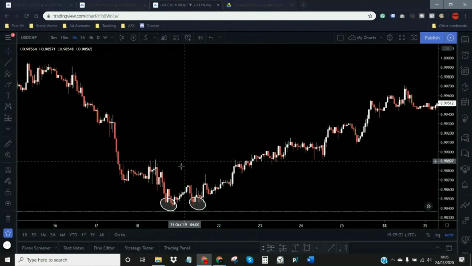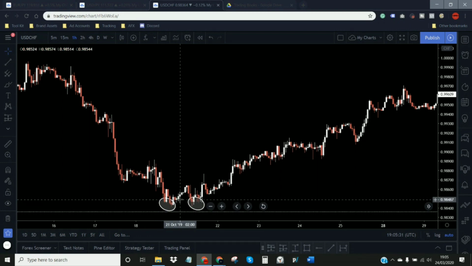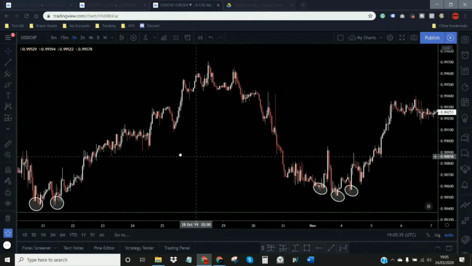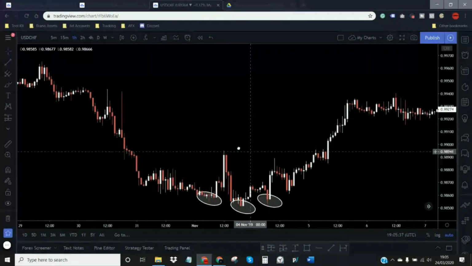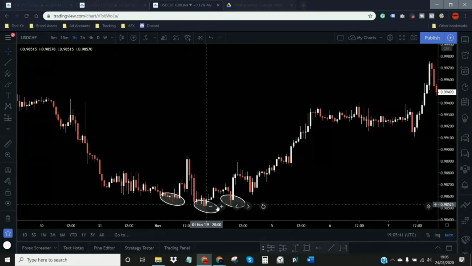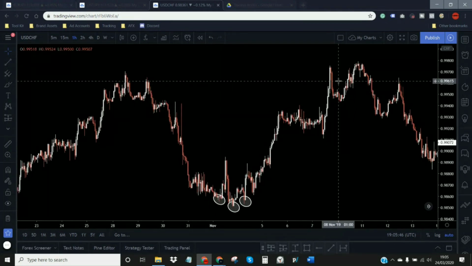Again, you can see that sometimes it doesn't do that, but what that has fallen into is an H1 demand zone, and then potentially you could have played a 5-minute or 15-minute event break and then taken that to the upside. If we move further to the left, we can see here also that we've got 3 swing lows here forming at similar prices, and then the market decides to move to the upside as well.